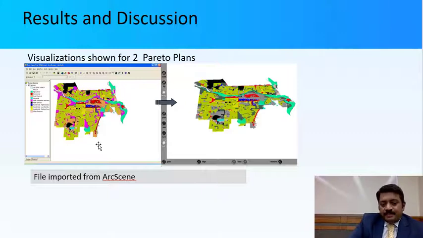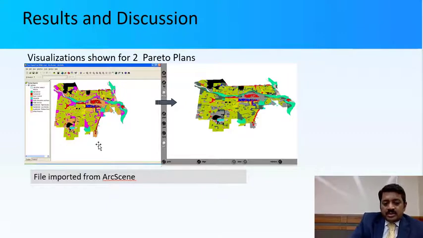So typically before this, when the genetic algorithm based plans are generated, there is a lot of information that tends to be abstract, that the planners and the administrators have to imagine or have to discuss with a lot of uncertainty.